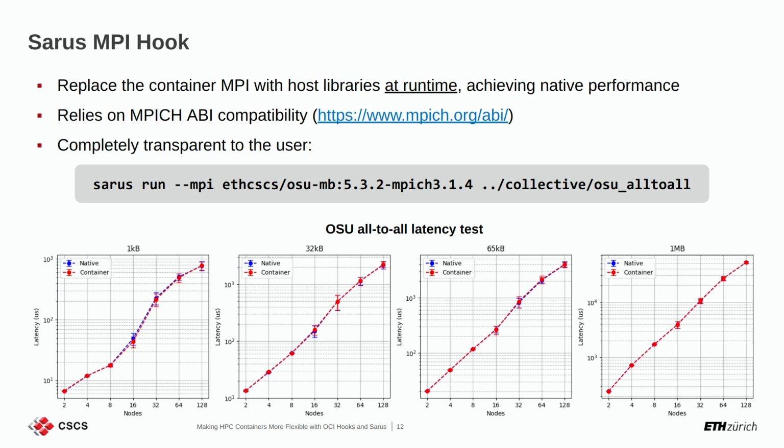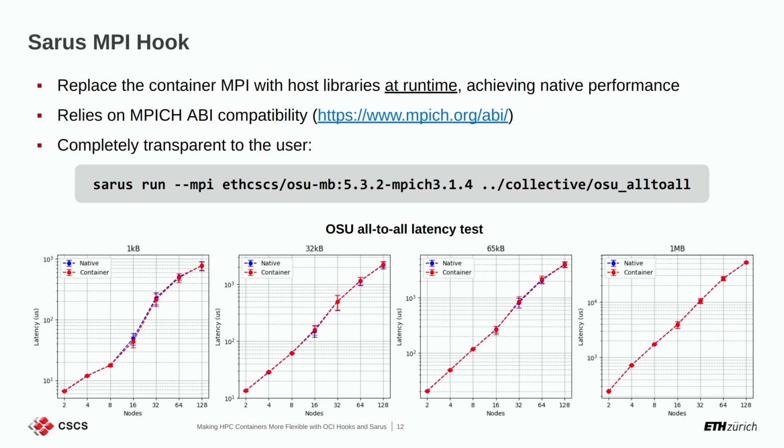So there is a host library optimized for the fabric, for the network where we are running on the physical host, that is replaced seamlessly in the container.